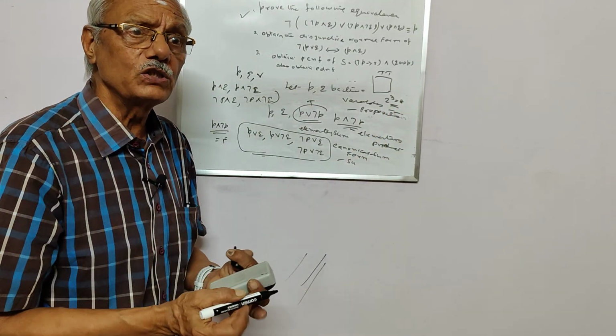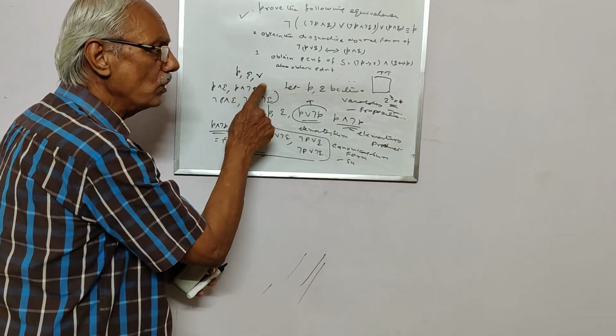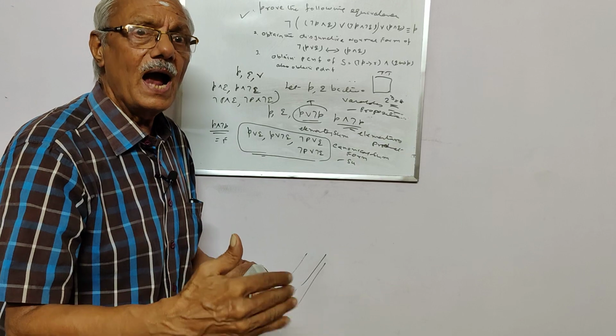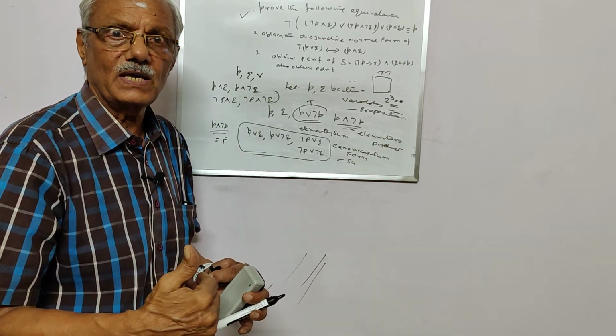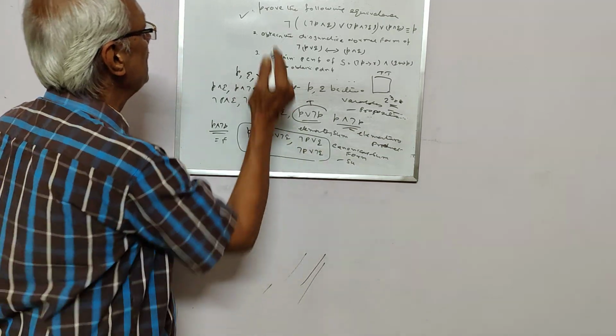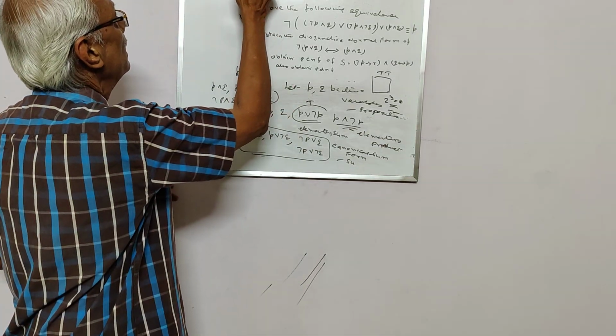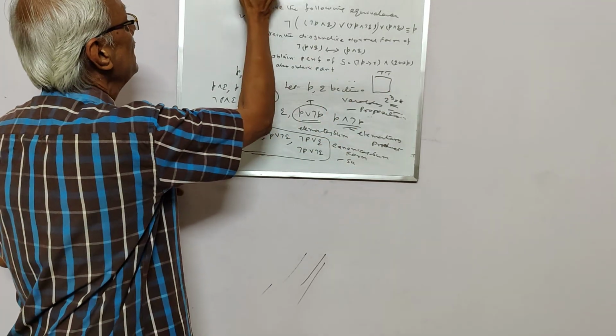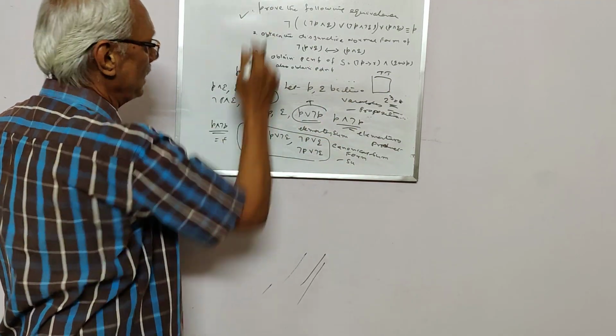In the 8 rows you will find that canonical sums and canonical products will come. Can you understand? See, if you are going to write the truth table, it will be like this.